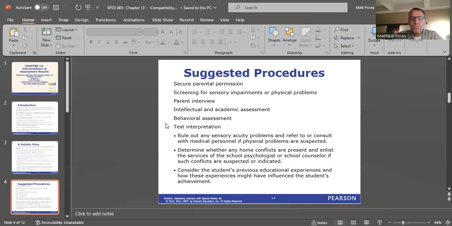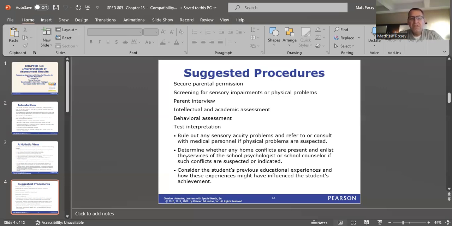That is, once the student has been tested, we do a meeting, come in, and go through and interpret the test results. And then we start discussing and looking at the overall broad view. Within that test interpretation, we're going to rule out any sensory acuity problems or any medical issues.